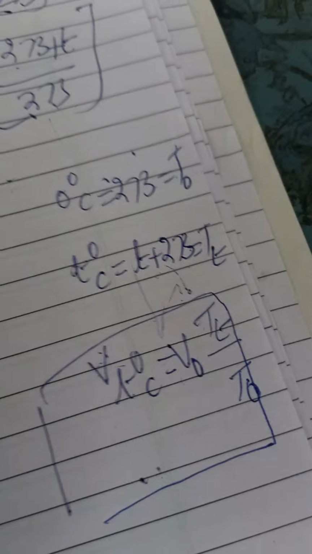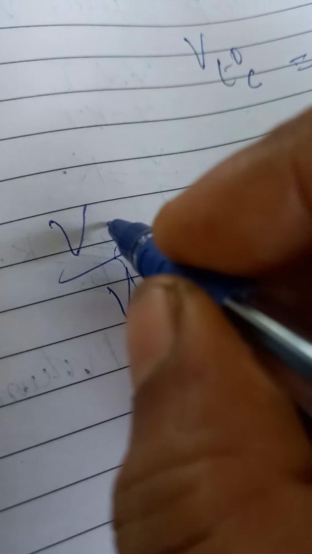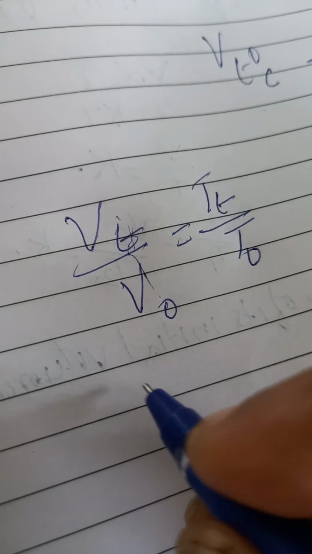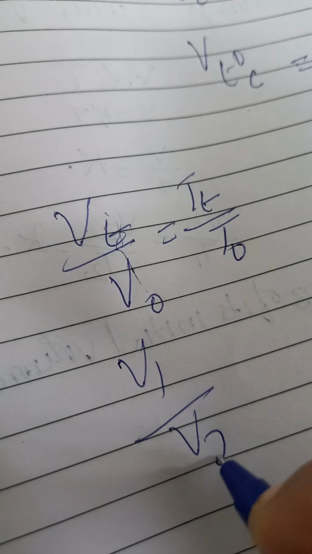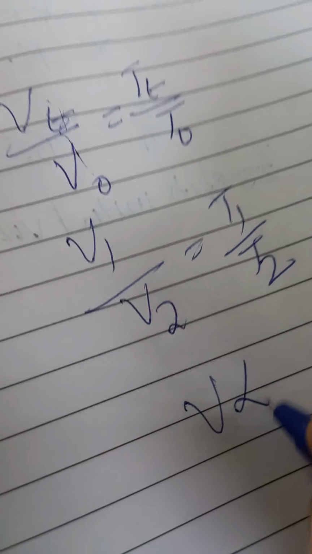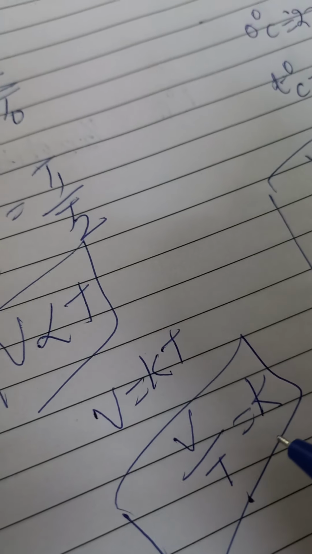So Vt by V0 equal to Tt by T0. If there are two gases, V1 by V2 is equal to T1 by T2. That is volume directly proportional to temperature, volume is equal to K into T, that is V by T is equal to constant. This is the mathematical representation of Charles' law.